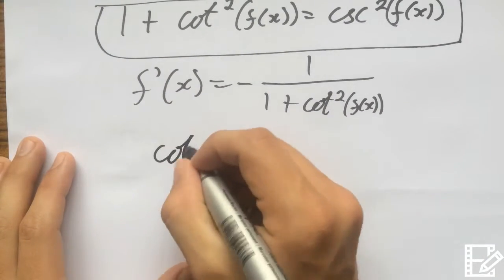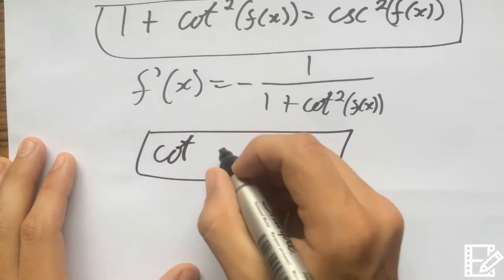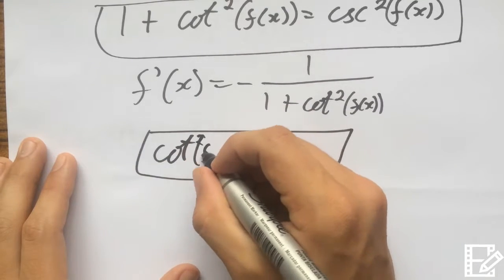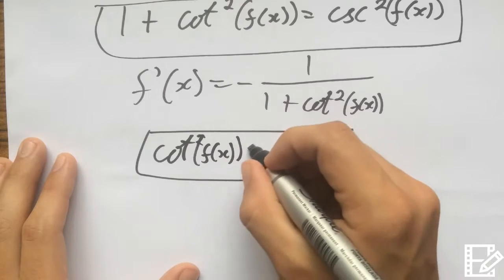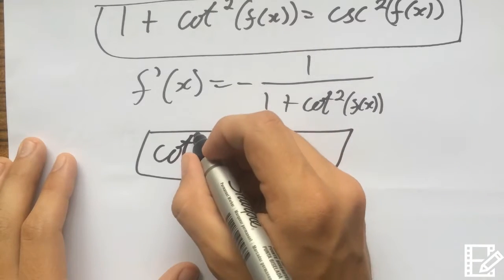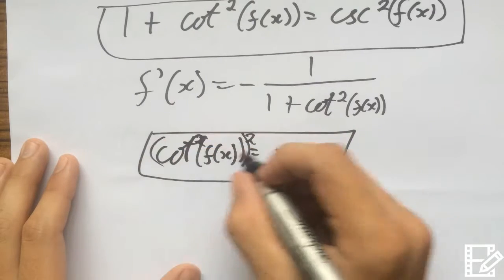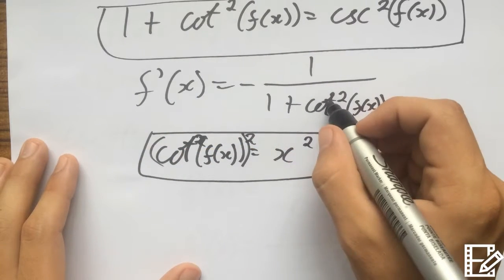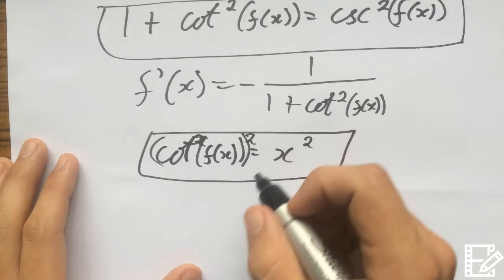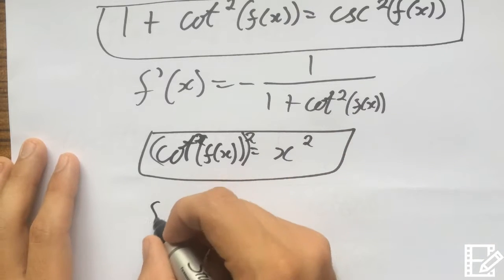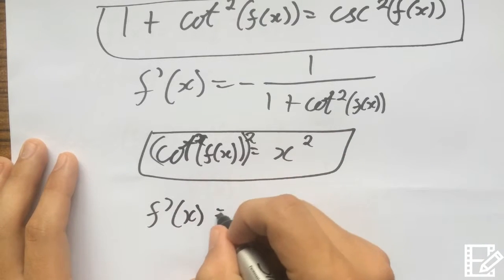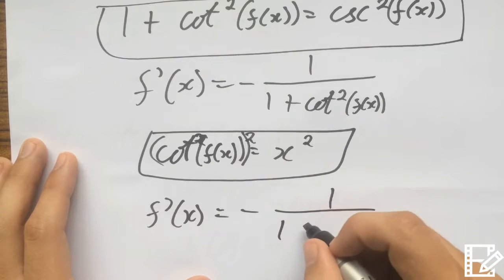If I have cot f(x) equals x and I square this side, I would have to square this side. Therefore, cotangent squared f(x) equals x squared. So the derivative will look something like this.